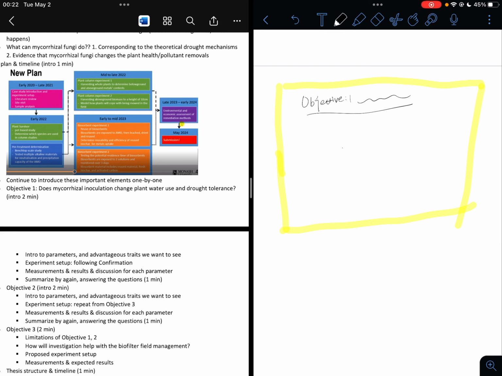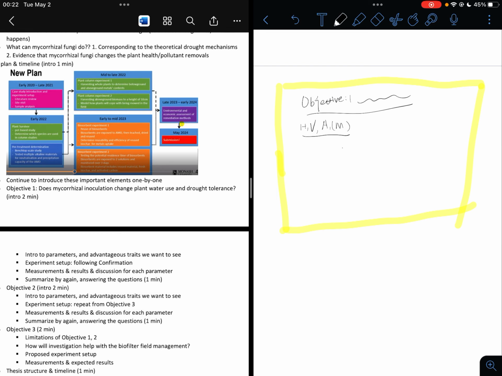And then we need to introduce the parameters. Of course, parameters like hyphae, vesicles, arbuscules, and also the mycorrhizal total.